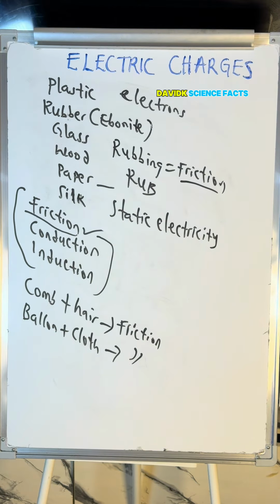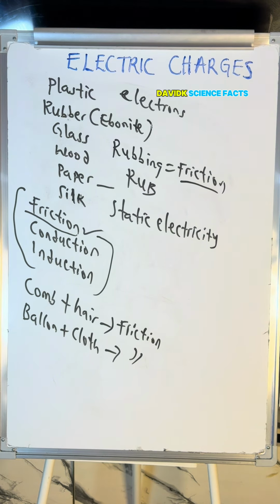When two different materials are rubbed together, what happens? They touch very closely. Rubbing gives more chance for electrons to move. One material loses electrons, the other material gains electrons. After rubbing, the one that loses electrons becomes positively charged.